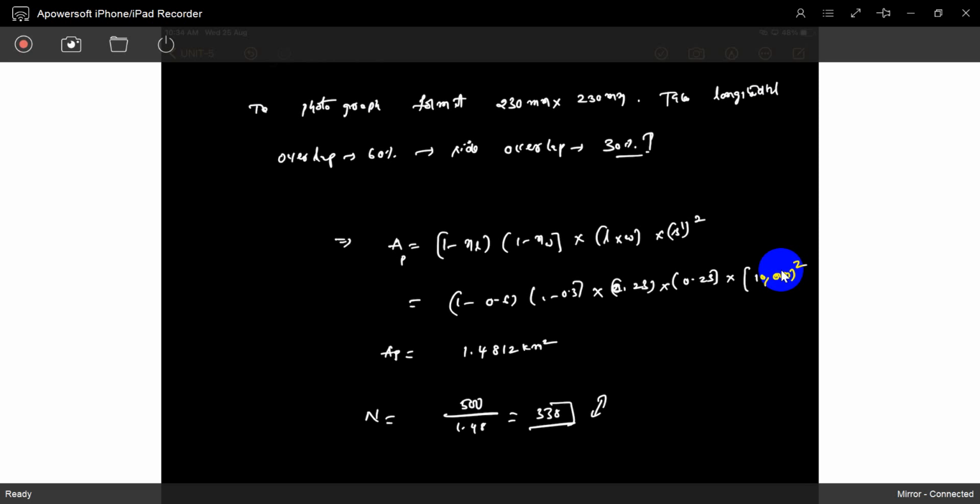Where it is moving, how much is the velocity, how many photographs are required, so we can adjust the time interval between the photographs taken. That is the total flight planning.